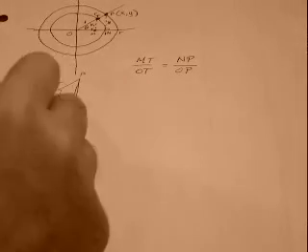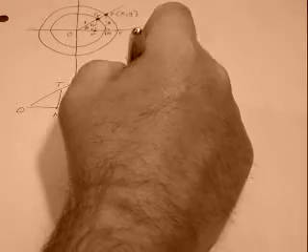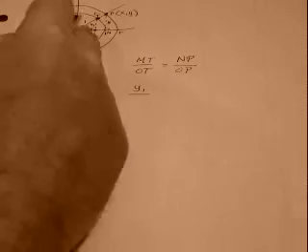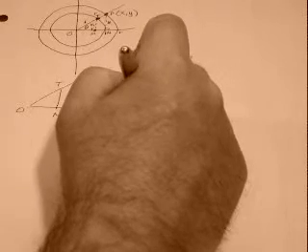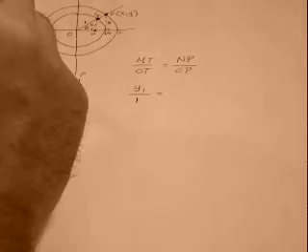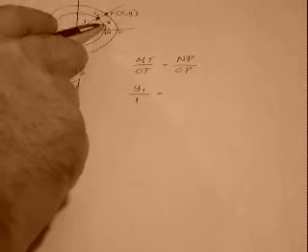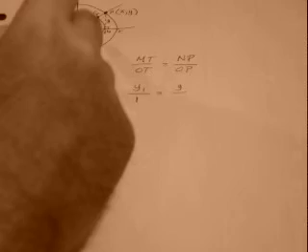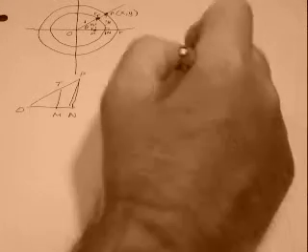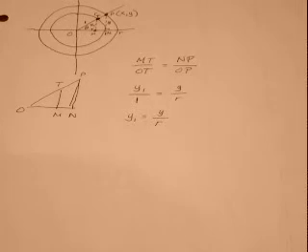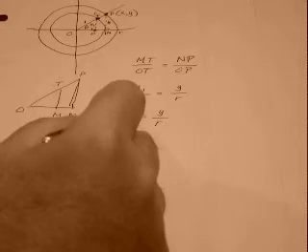Now, what is MT? MT, that's your Y1 there. And what is OT? That's the radius of the unit circle, 1. And what's NP? NP is Y here, and OP is the radius of the big circle, R. So Y1 is equal to Y over R. Now, what is Y1?